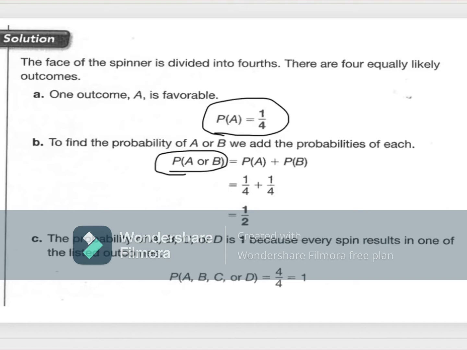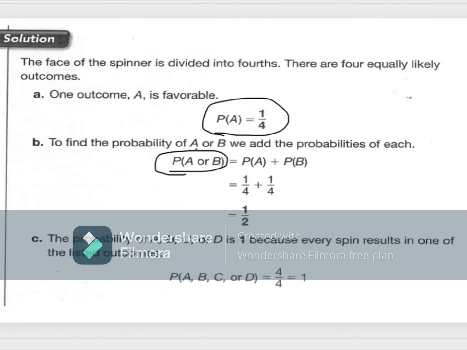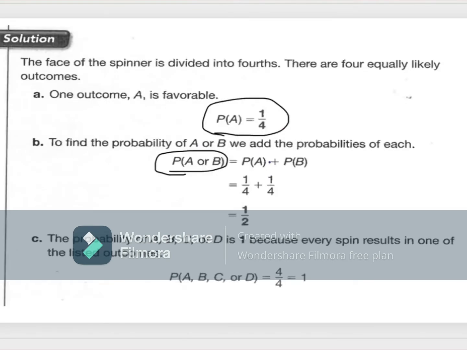The face of the spinner is divided into fourths. There are 4 equally likely outcomes. One outcome, A, is favorable. So we got probability of A is 1/4. That's what we found right here. Probability of A or B, remember we said was 1/2, but here they're doing it a little bit more mathematically.